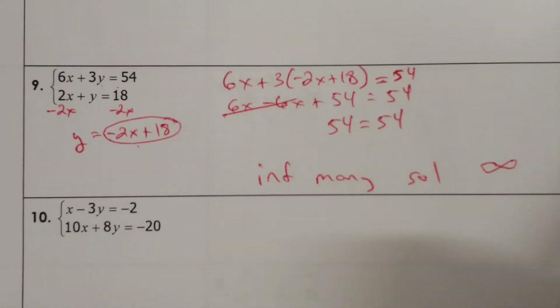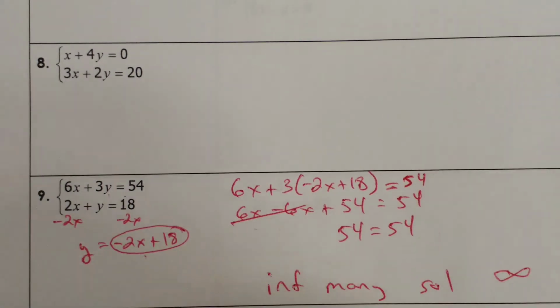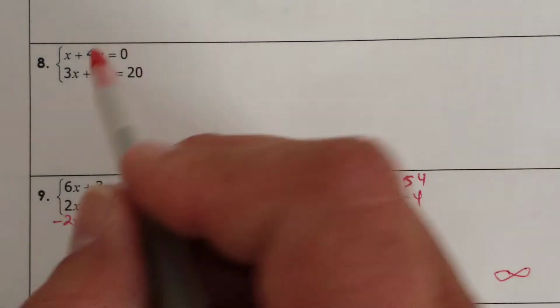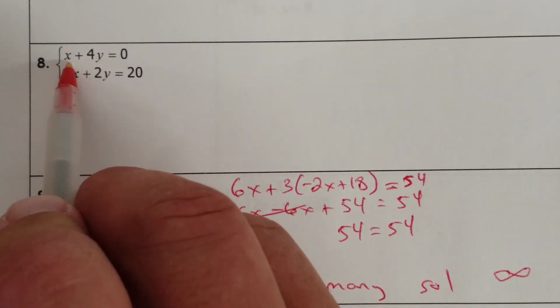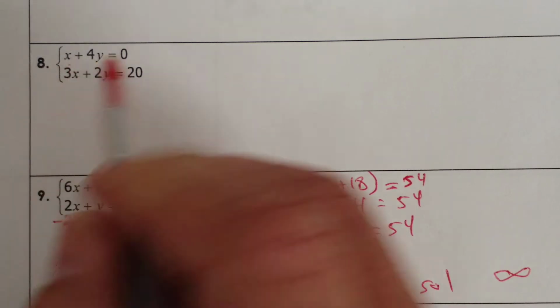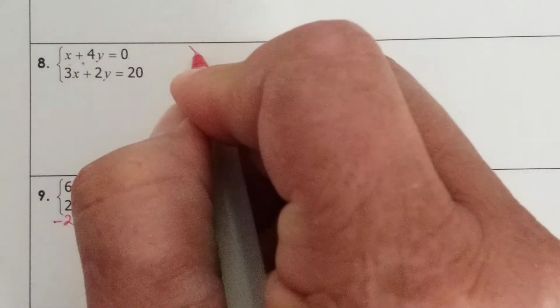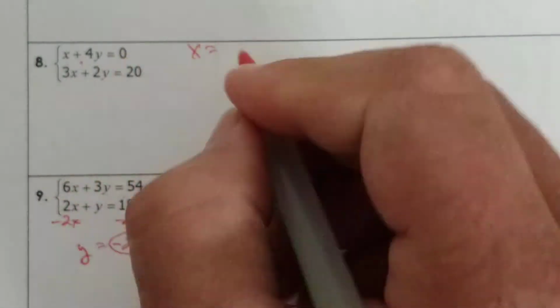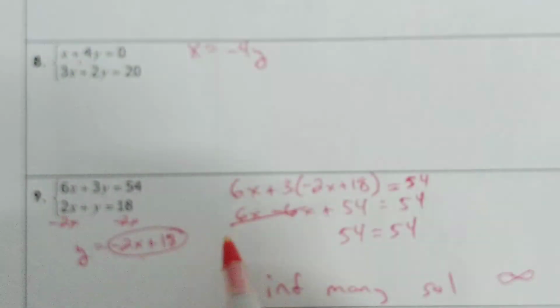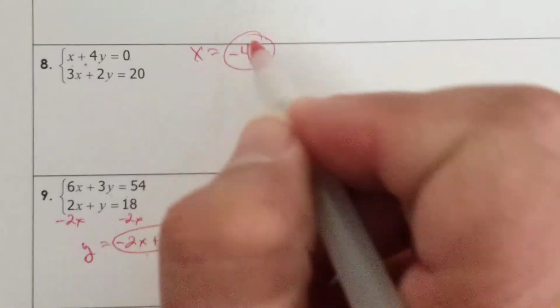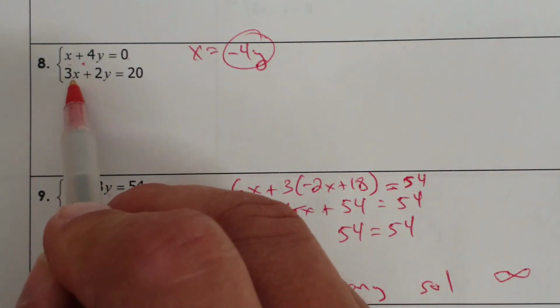Let's see. Let's work another one. Number 8, if I see this 1x, I can solve for x really easily by just taking away 4y. So if I take away 4y here and take away 4y here, I'm left with x equals, well, 0 take away 4y is just negative 4y. Now I can substitute that into the other equation for x.